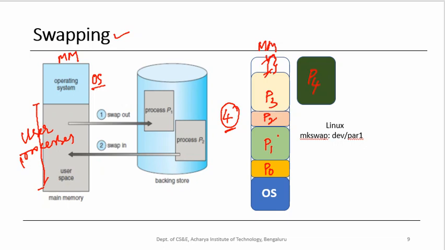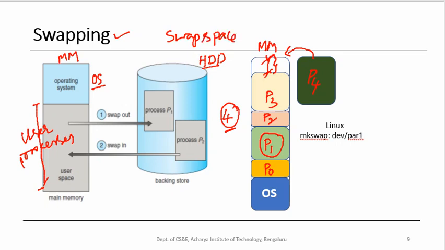Now assume that this P1 is at this point of time remaining idle and not utilizing any of the resources in the system. Now what could be done if we have to bring P4 into the main memory? Then this P1 could be removed from the main memory and put in a special area on the hard disk called swap space.